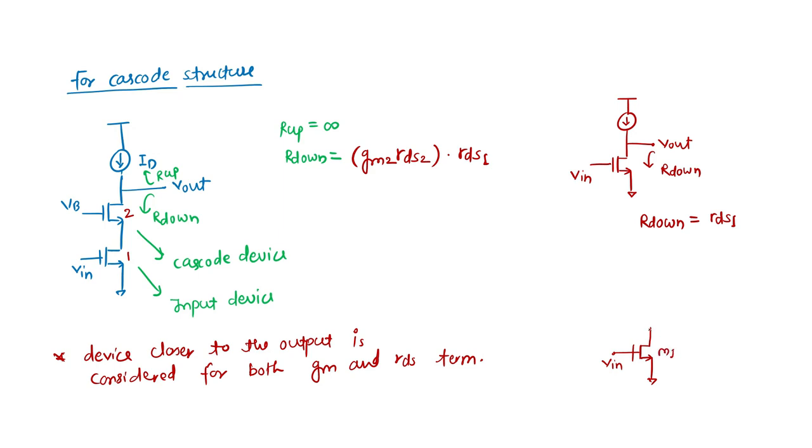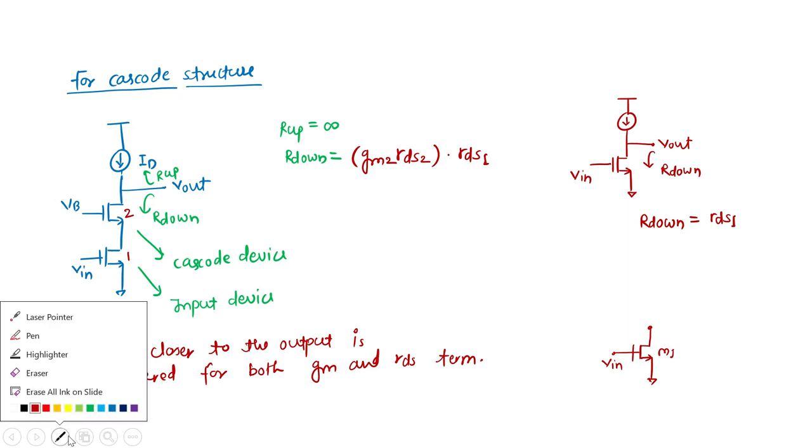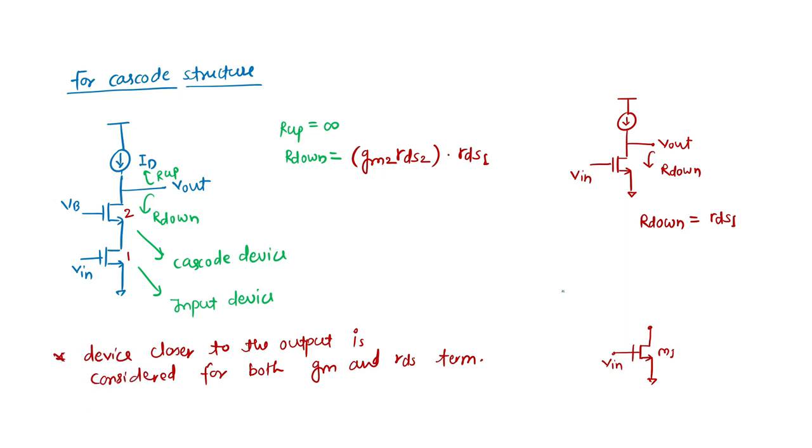So this was my previous device 1. On top of that, we have mounted another device, which is called the cascode device, and due to this cascode device, our R out is amplified. R down is amplified by the factor GM2 RDS2 times RDS1.